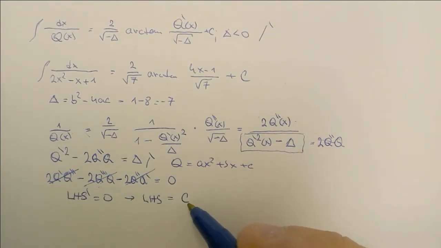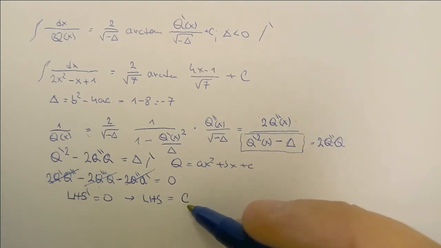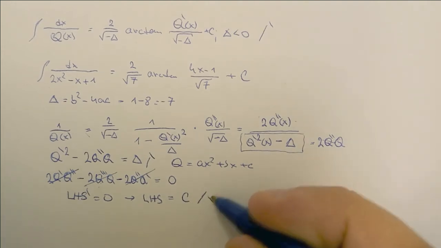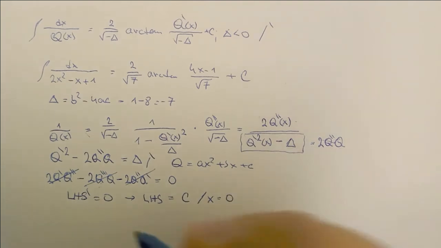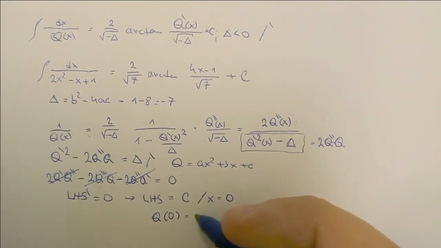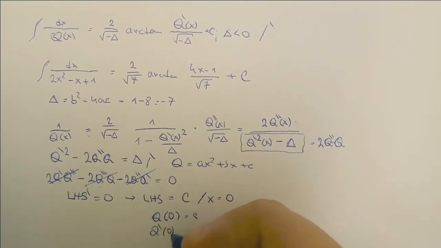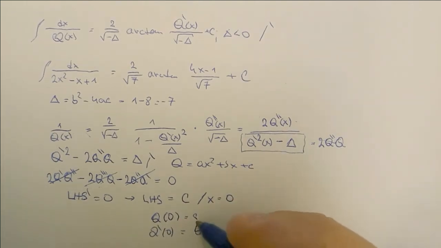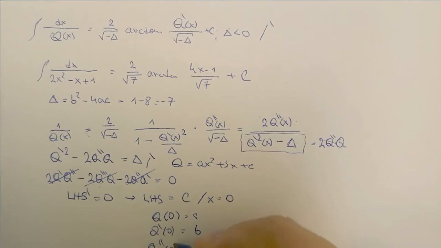We don't know this constant, but we can deduce it by substituting x equal to 0, because q at 0 from this expression is c, q prime 0 must be b, and q double prime of 0 must be 2a.